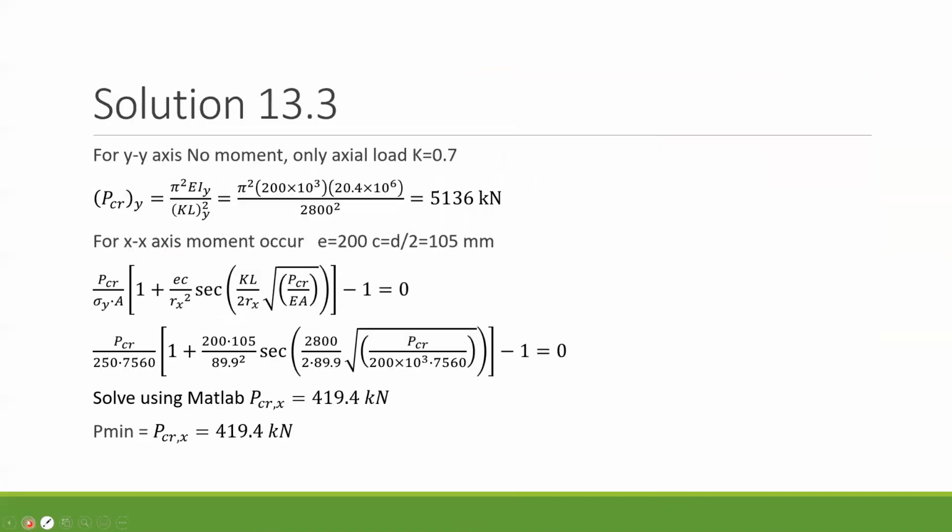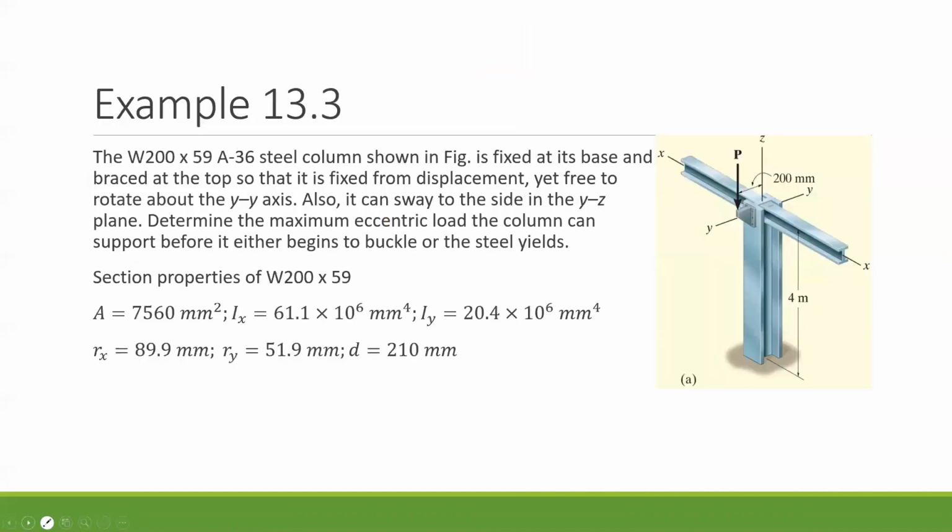First of all, one more thing I forgot. When we look at the shape, the P force takes a moment about the x-axis or y-axis, and a moment occurs.